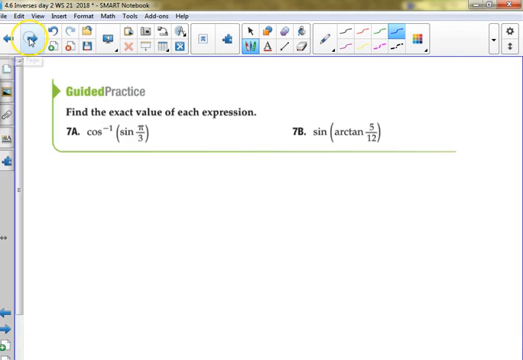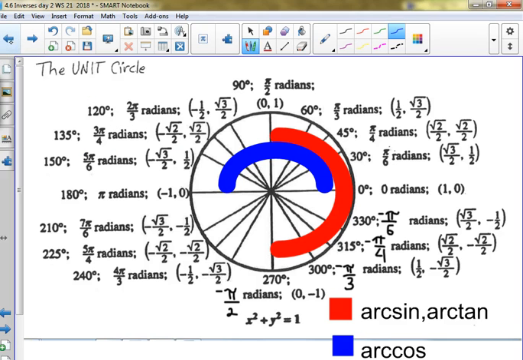I get square root of 3 over 2, right? Now it says arc cosine. What does that mean? It means find an angle whose cosine is square root of 3 over 2. Which means it's in the x spot, so it's pi over 6, yes?